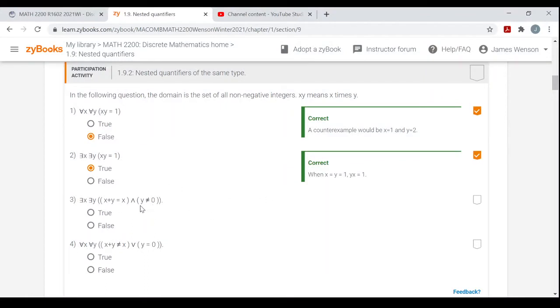Now you can read the other ones and be careful. This statement here has a conjunction, meaning both of these have to be true at the same time. So let's say this one out loud. This is: there exists a pair of non-negative integers, x and y, such that both of these are true at the same time, such that x plus y equals x, and y is not 0.